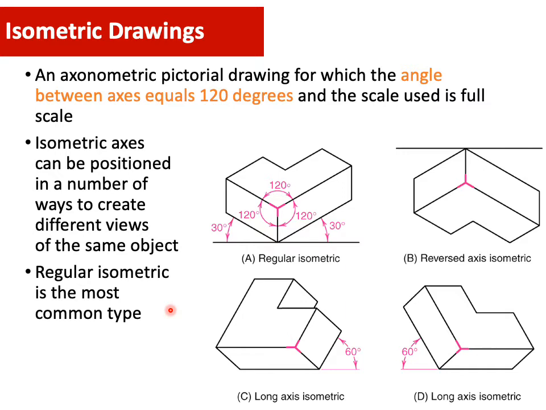Here the isometric axis can be positioned in a number of ways to create different views of the same object, and the regular isometric is the most common type.